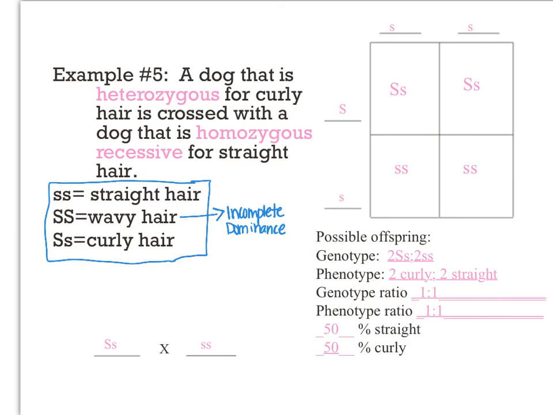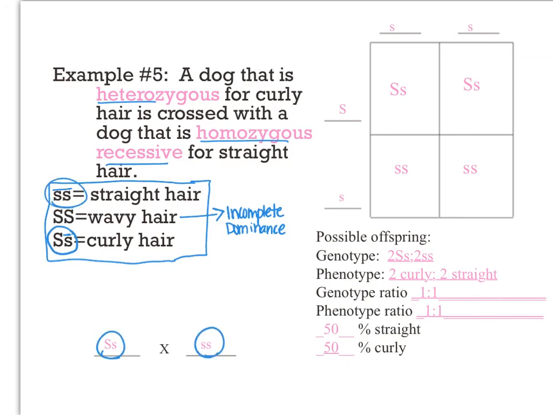But anyway, so if it's hetero, then heterozygous is going to have a big letter and a little letter. And then homozygous recessive, that would be your 2 little letters.